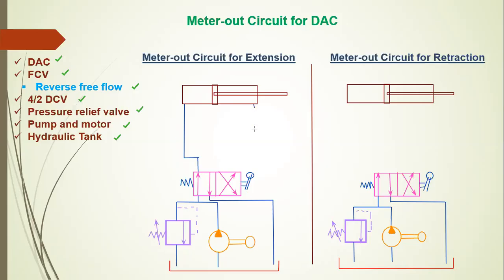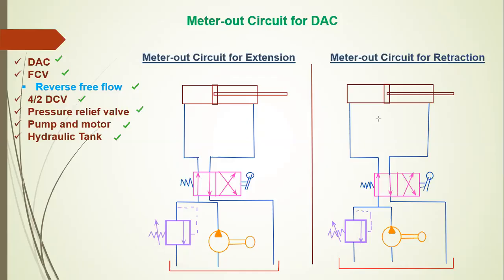Both sides of the DAC we connect from both circuits. This is the complete connection of the direction control valve to the double acting cylinder.